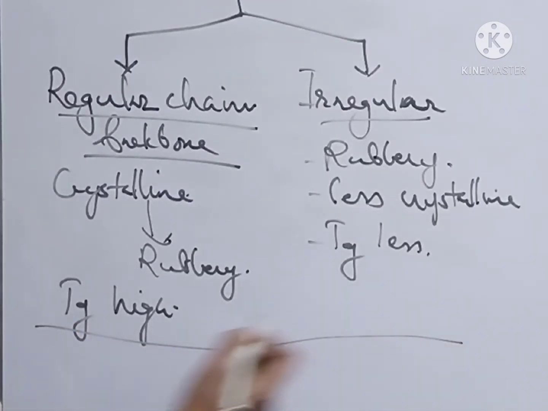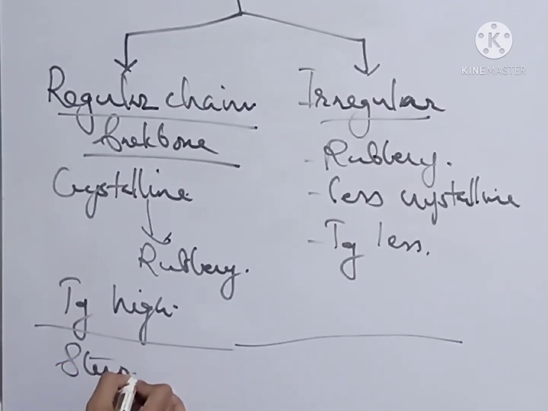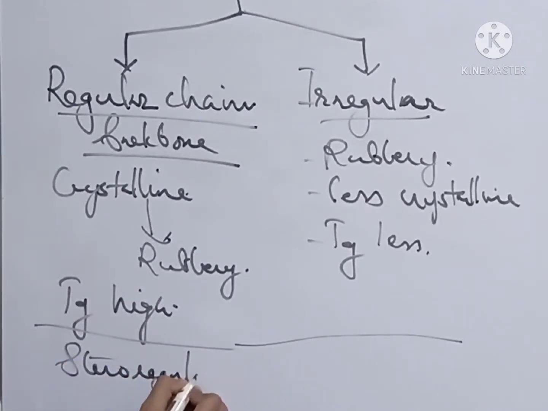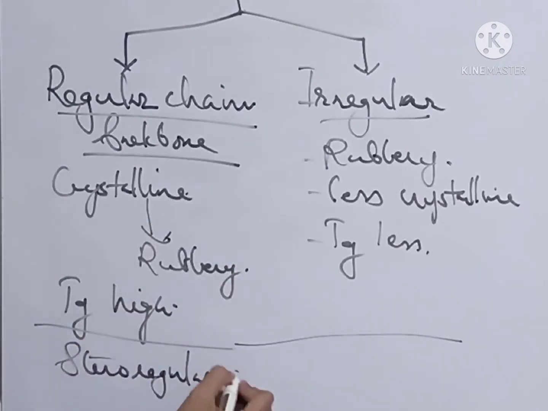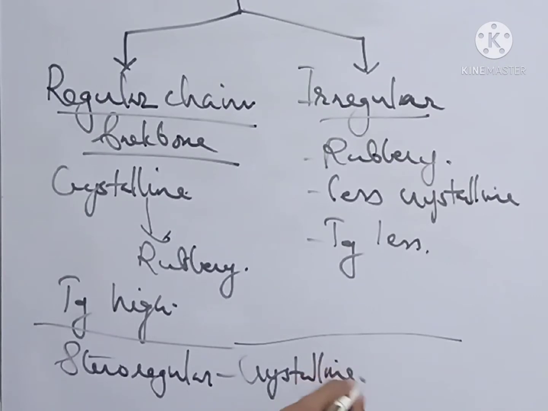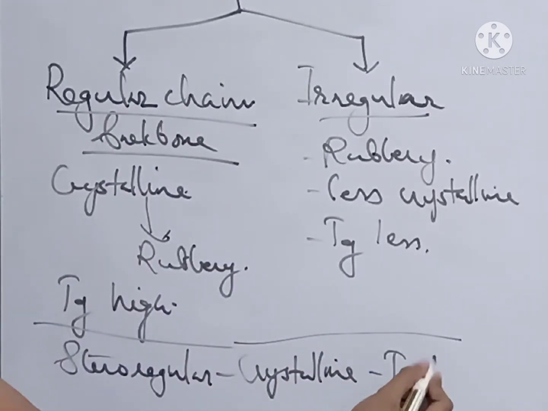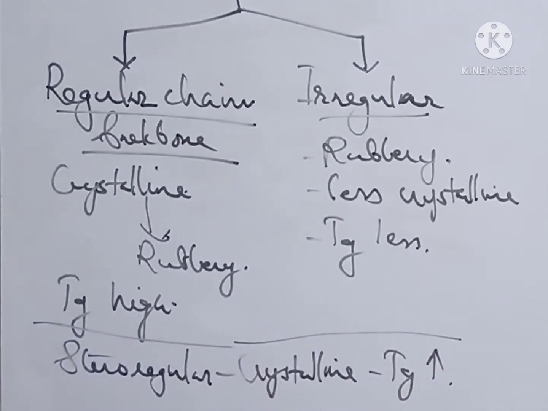Similarly, if polymers are stereoregular, then they exist as crystalline polymers, or we can say their crystallinity is more, and hence the glass transition temperature is also very high.